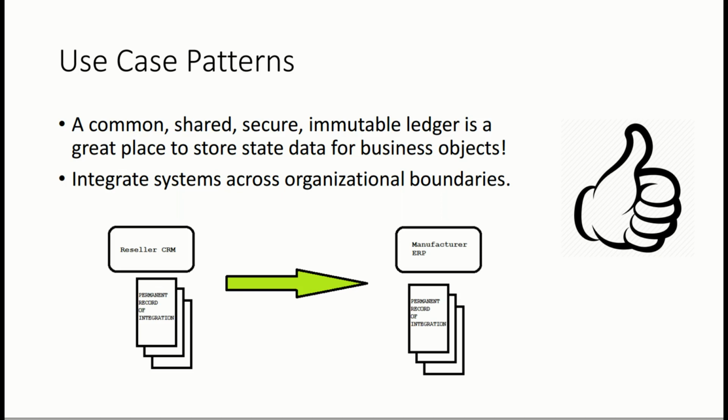Well, imagine putting blockchain in the middle. And when I go into my CRM system and I update that opportunity, that kicks off a transaction on the blockchain. That transaction is subscribed to by your ERP system. So that information makes it from my CRM over to your ERP. Now we've got a working integration.